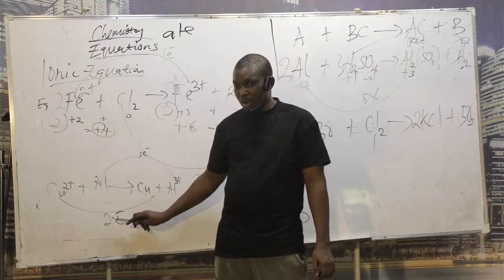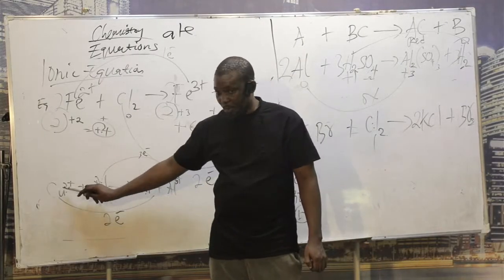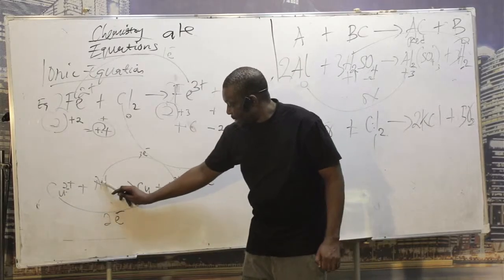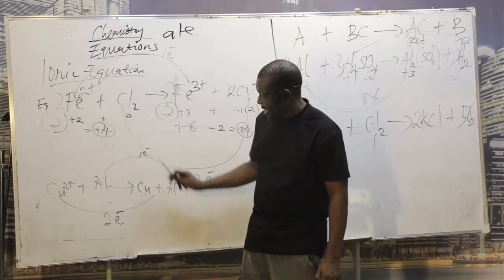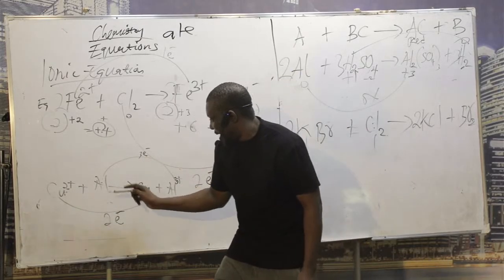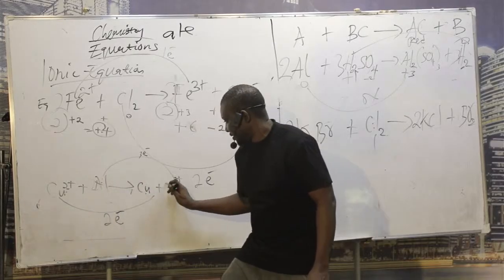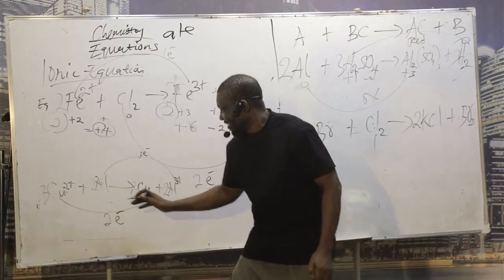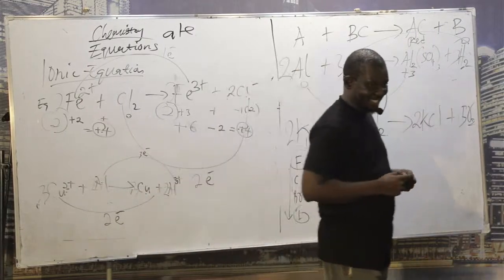The 2 was generated from who and who? This and this. Use the 2 to multiply aluminium. Use the 3 generated to multiply what? Copper. So if I multiply aluminium by 2, I'll multiply copper by what? 3. Equation is what? Balanced.